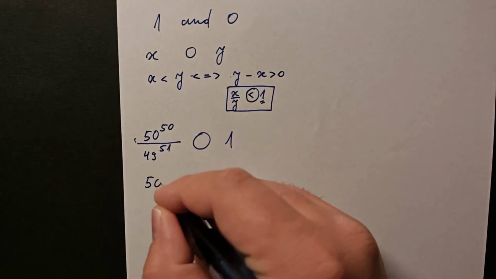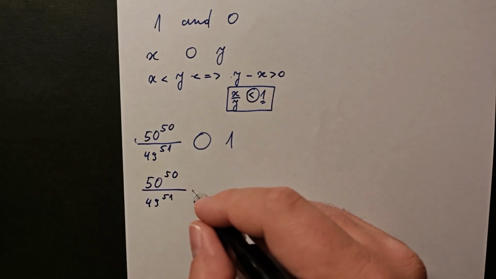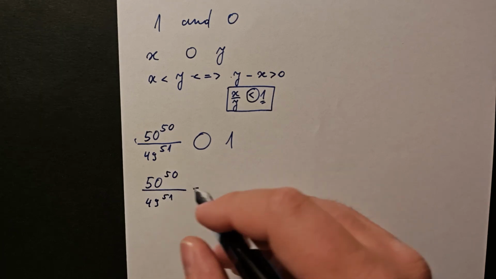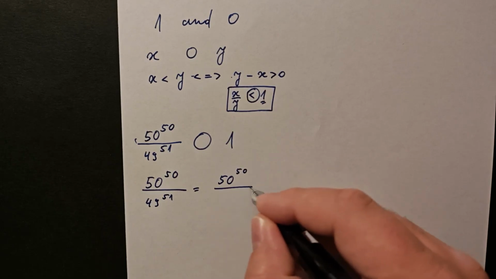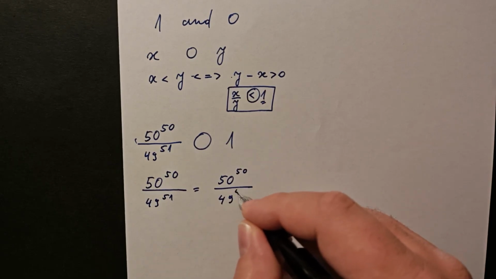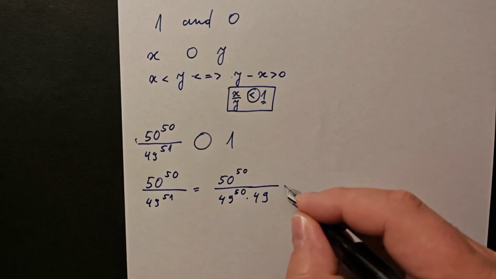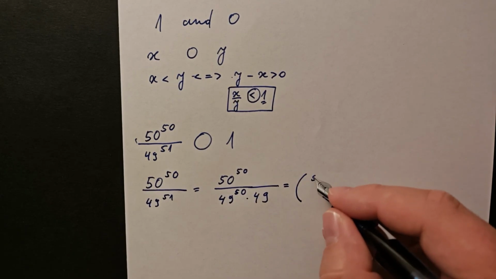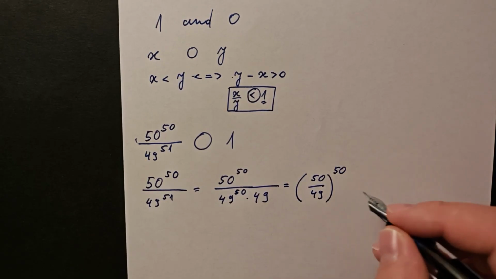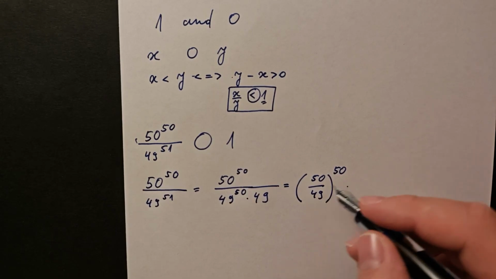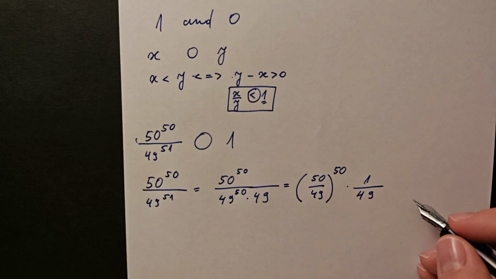So we have that 50 to the power 50 divided by 49 to the power 51 is equal to 50 to the power 50 divided by 49 to the power 50 multiplied by 49. This is then equal to 50 over 49, and that is going to be raised to the power of 50, and we are left with multiplication with 1 over 49.